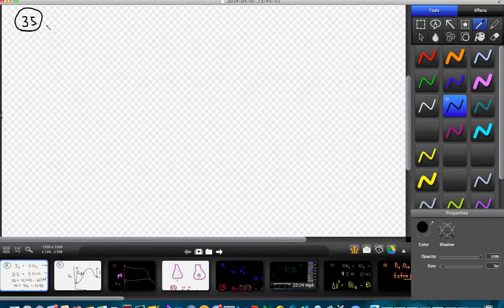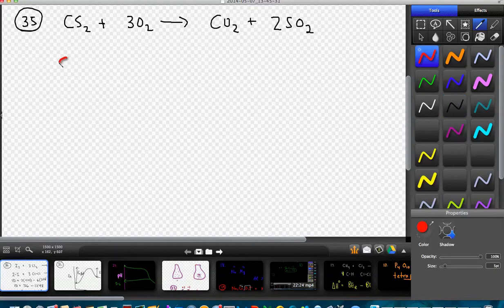Number 35, this question had 2 answers that repeated, both of which were correct. We want to find CS2 plus 3O2 yields CO2 plus 2SO2. And here's the data that we're given. We're given C plus O2 yields CO2, and that is defined as H1.